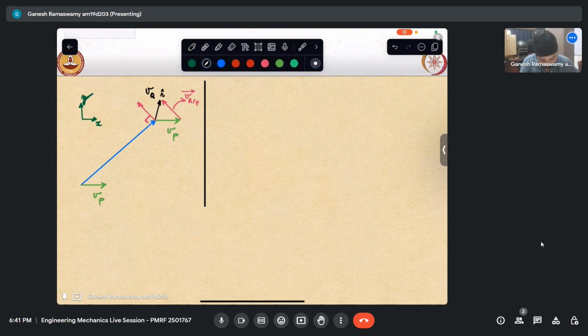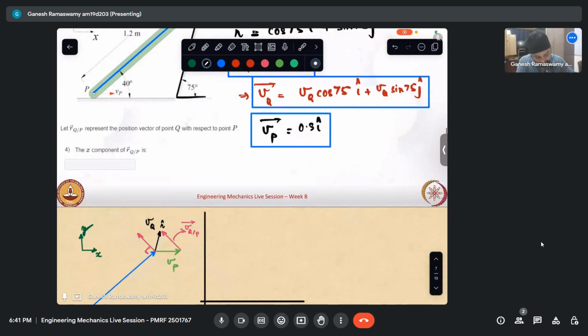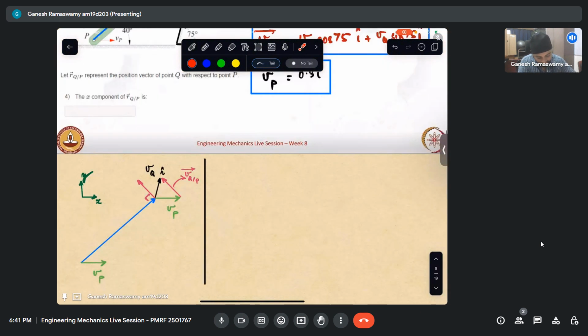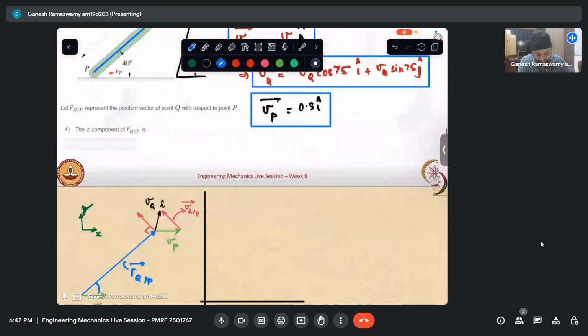So the first question asks, let rQ with respect to P represent the position vector of point Q with respect to point P. What are the x and y components is what is asked. So we know that this is rQ with respect to P. And this angle I have been given as 40 degrees.